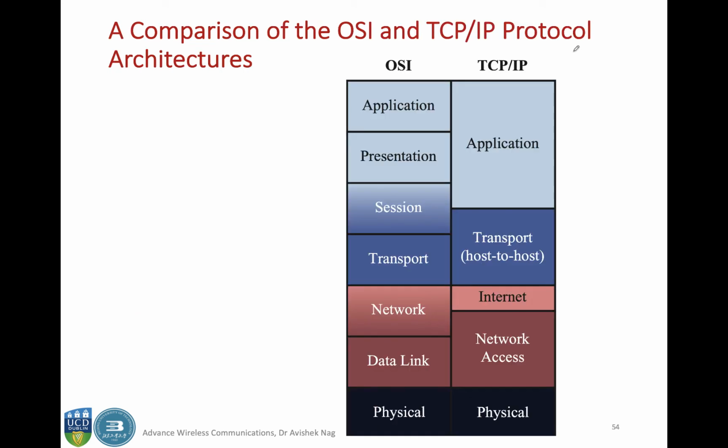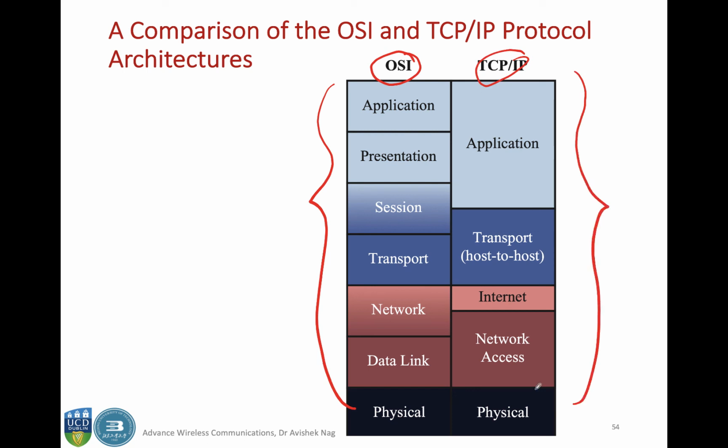So this is a comparison of the two approaches, or the two architectures. This is the OSI with its 7 layers, and this is the TCP/IP with its 5 layers. You can see that most of the functions of the application, presentation, and the session layer in the OSI are taken care of by just the application layer in the TCP/IP.